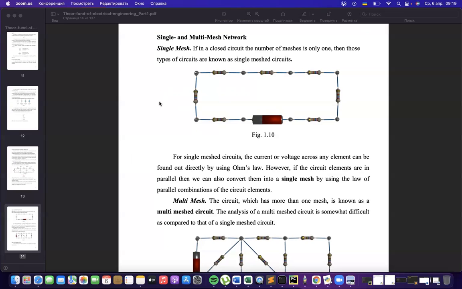If we have a so-called single mesh system, with only one mesh, it means that we have only one current, and the mathematical approach will be the simplest. We will have only one function to find the value of this current.